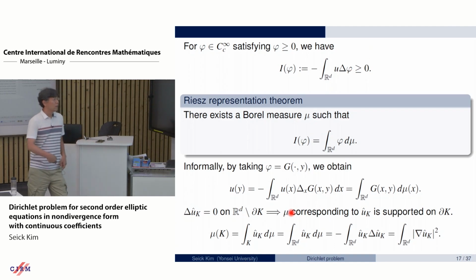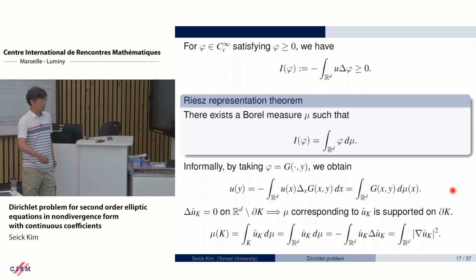And then you can also check that this is supported on the boundary of K. And then again, this is because, now notice this. So the measure evaluated on K, because this is 1, this is 1 on K, is equal to that.